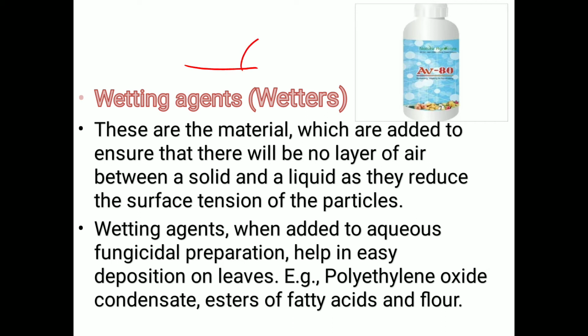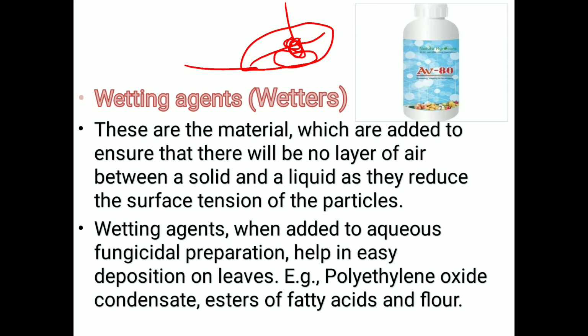Suppose there are leaves, and on those leaves we apply liquid fungicide, so a drop of liquid fungicide is deposited over the leaves. When we add the wetting agent like polyethylene oxide condensate, esters of fatty acids, or flour, the wetting agent prevents air from forming in between the solid portion and the liquid portion.